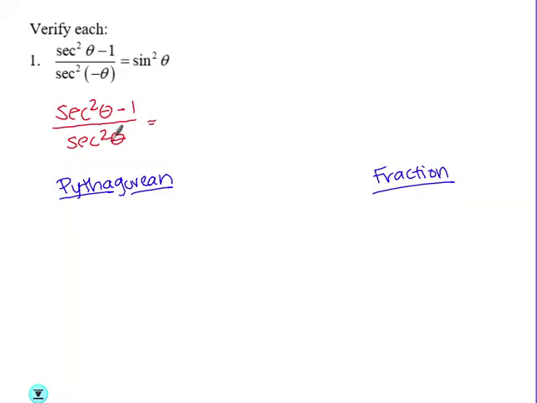So, if you look here, one of our Pythagorean identities says that secant squared of theta is equal to tangent squared of theta plus 1. So let's go ahead and do that substitution.